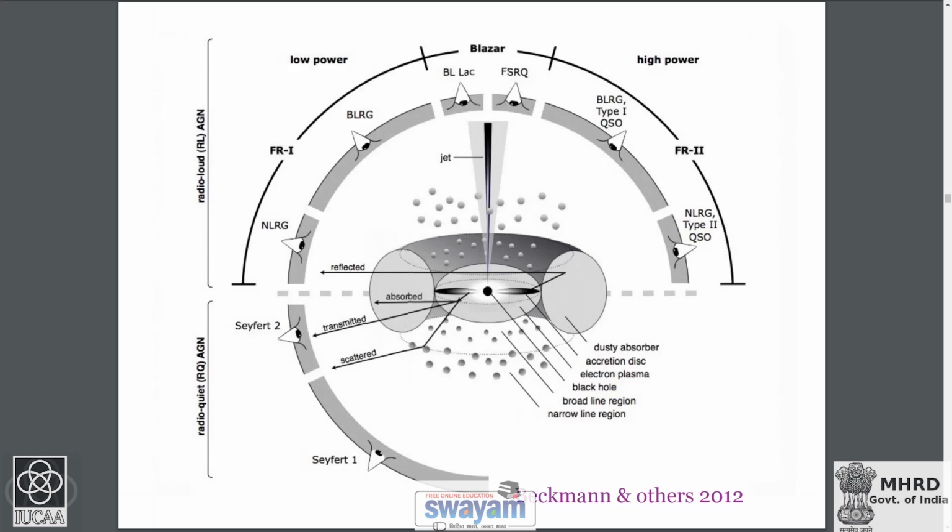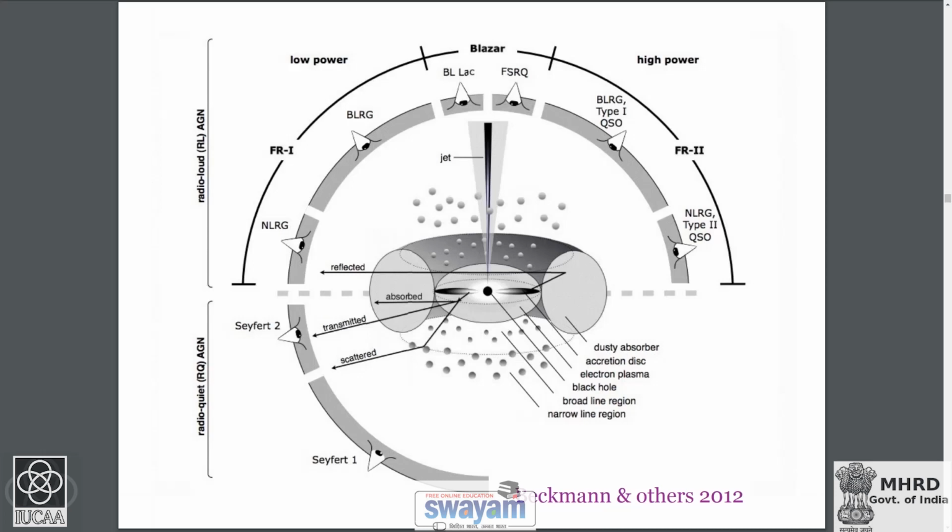This is the donut shaped structure in this figure, and the central dark object is the black hole. Suppose you see this galaxy from the pole: above and below the accretion disk we see the broad line region clouds. These clouds are responsible for the broad lines in the optical spectrum.